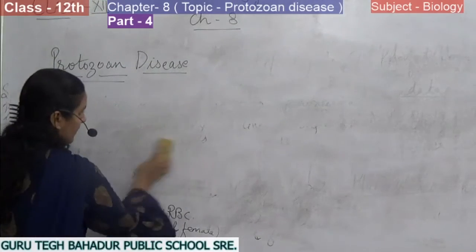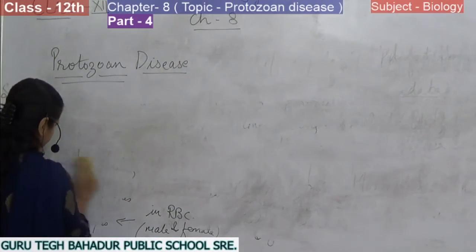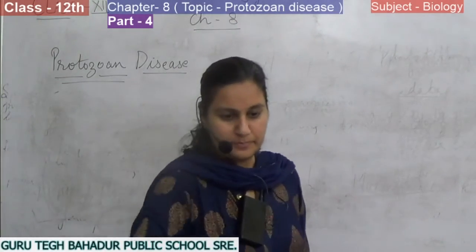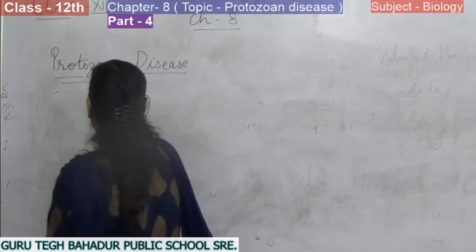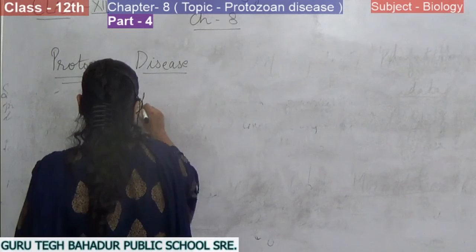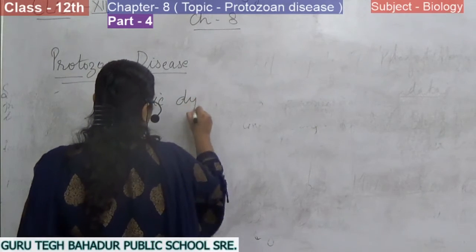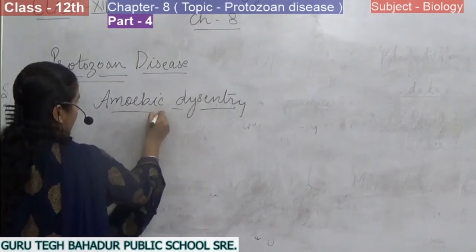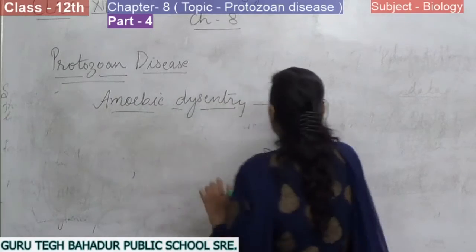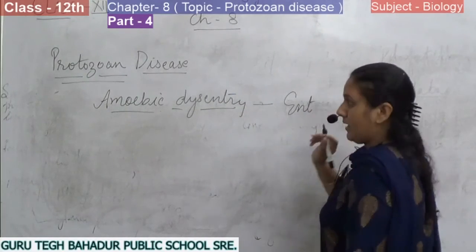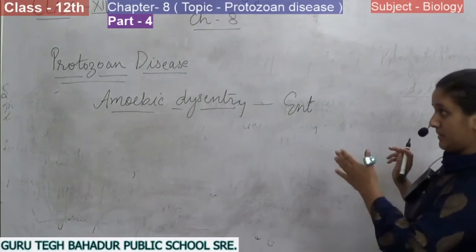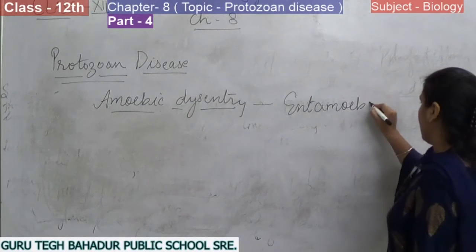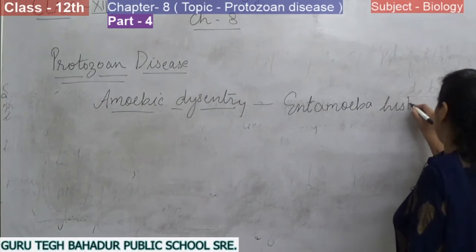So there is an amoeba that is responsible for this disease. The amoeba responsible for amoebic dysentery is Entamoeba histolytica.